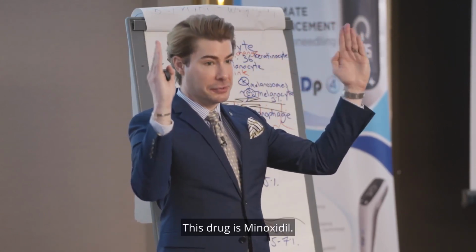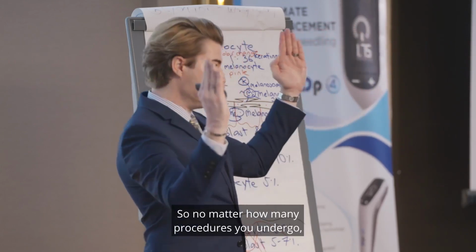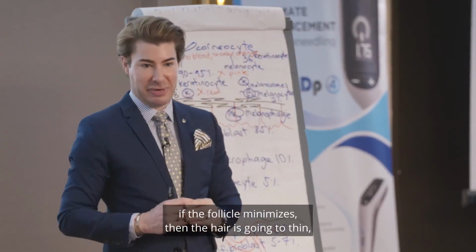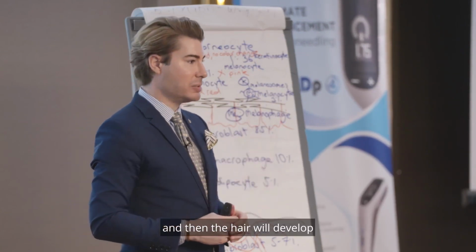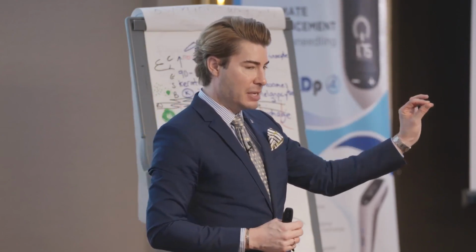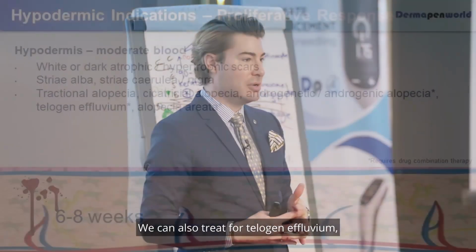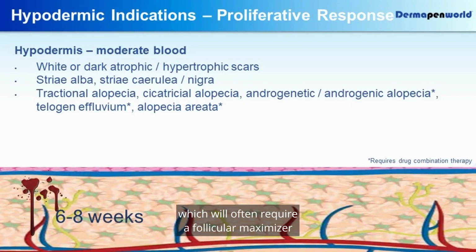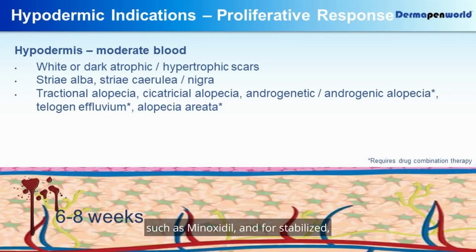This drug is minoxidil. So no matter how many procedures you undergo, if the follicle minimizes, then the hair is going to thin, and then the hair will develop from being terminal back to vellus. We can also treat for telogen effluvium, which will often require a follicular maximizer, such as minoxidil, and for stabilized for at least 6 months, alopecia areata.